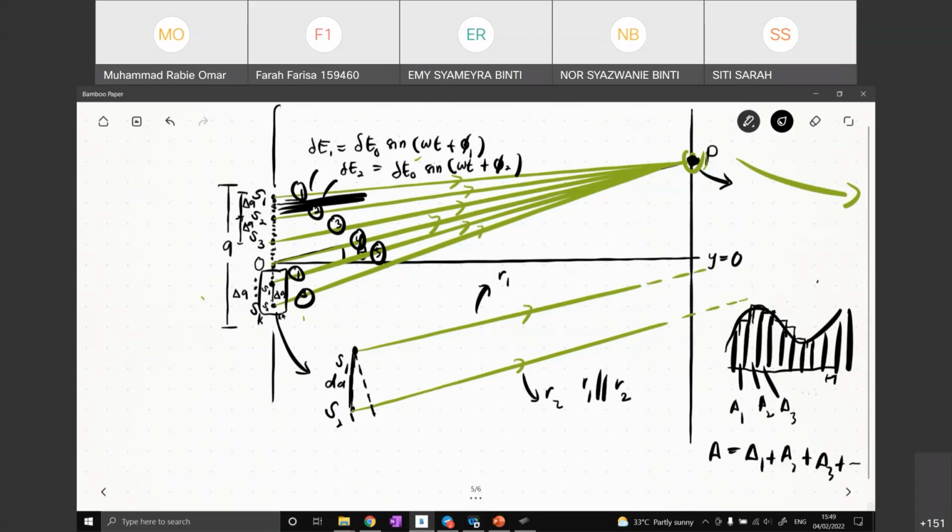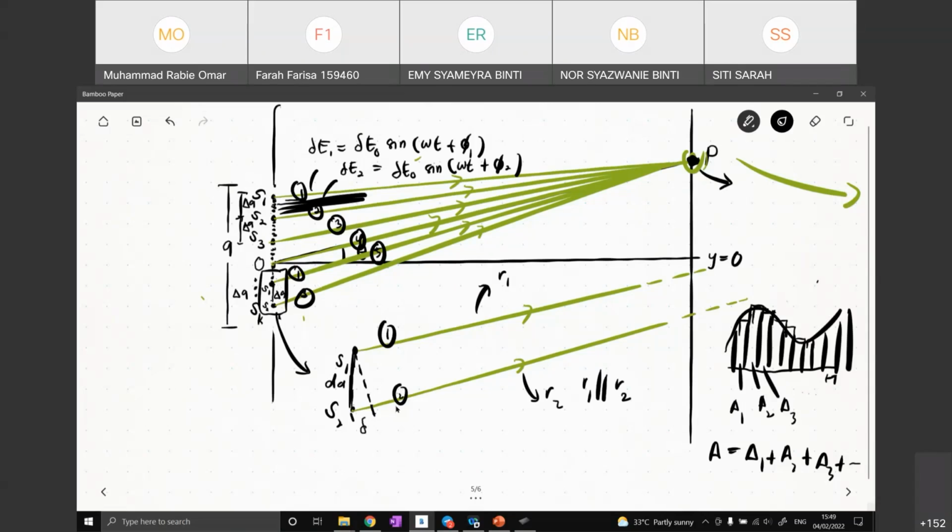Both of them must be adjacent, next to each other. They are not alternate. So this is ray number 1, this is ray number 2. You can see that this is my path difference.